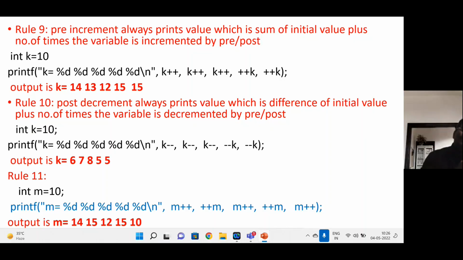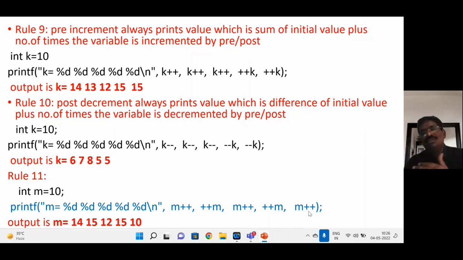Suppose whenever I am using pre-increments or post-increments in a mixture, the first thing is to look at the last variable, whether it is a pre-increment or post-increment.